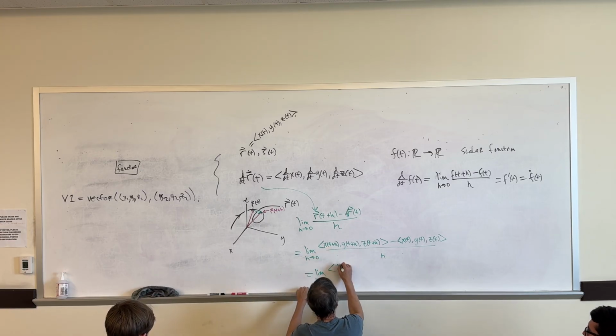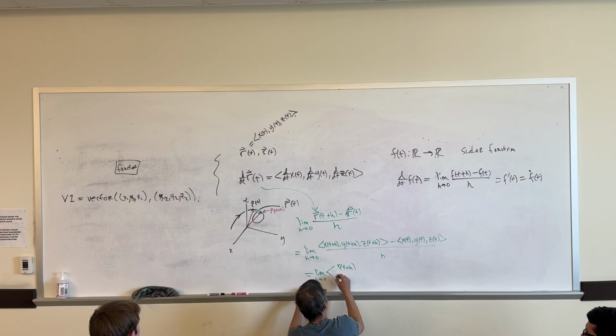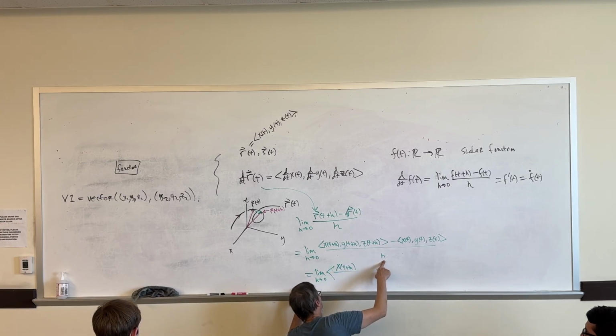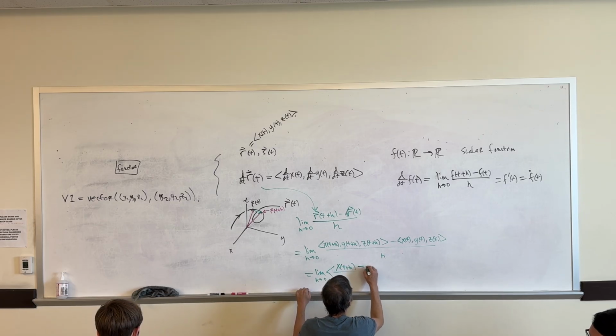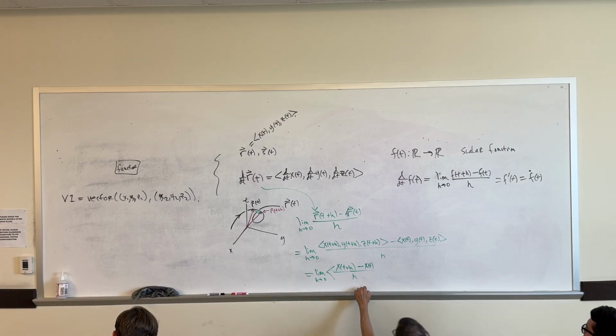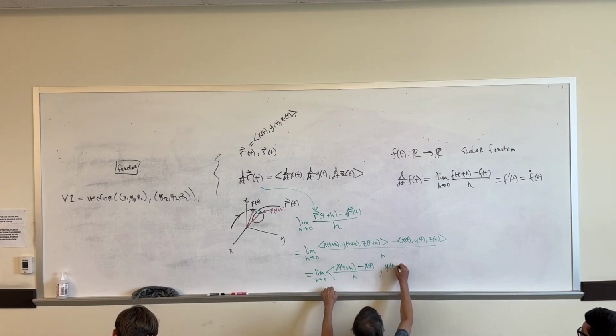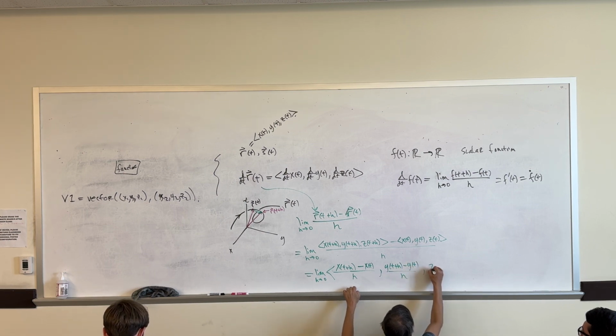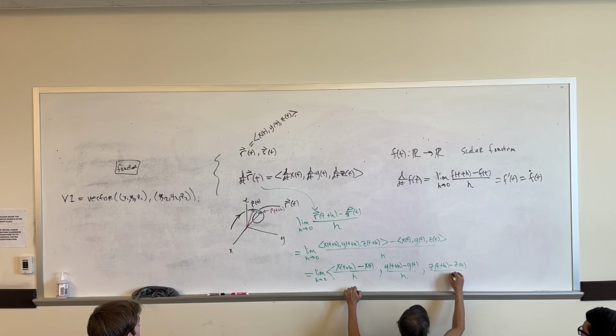x of t plus h, and I'm going to make this all big. This is a scalar quantity, so it's just a scalar multiple. So it's x of t plus h minus x of t over h, y of t plus h minus y of t over h, and z of t plus h minus z of t over h.